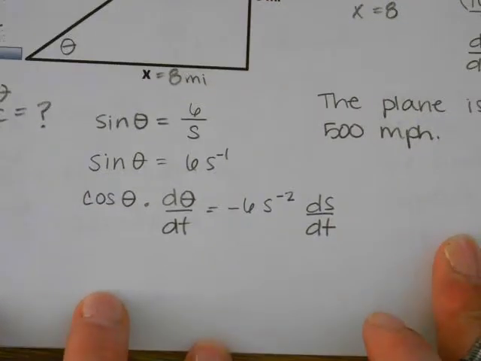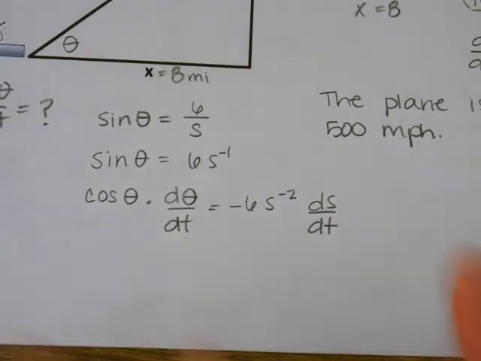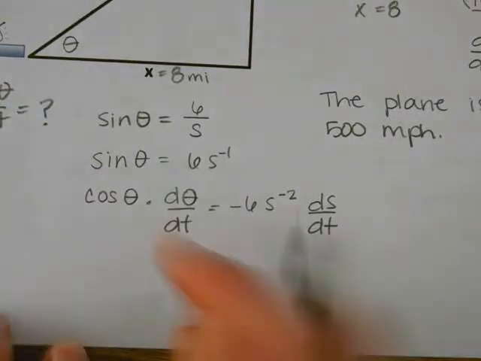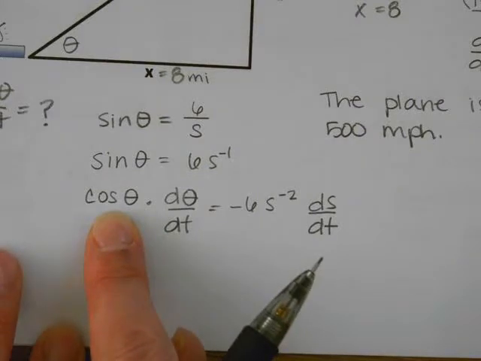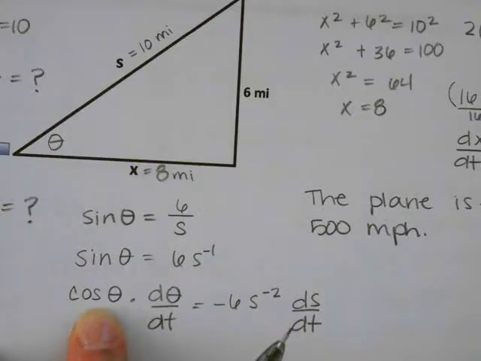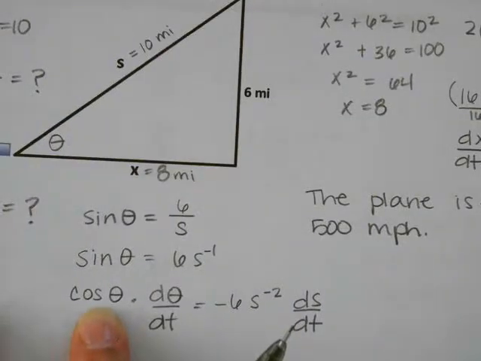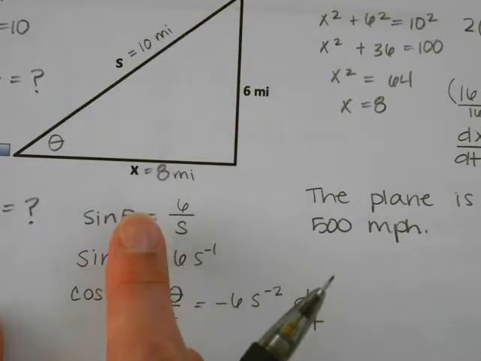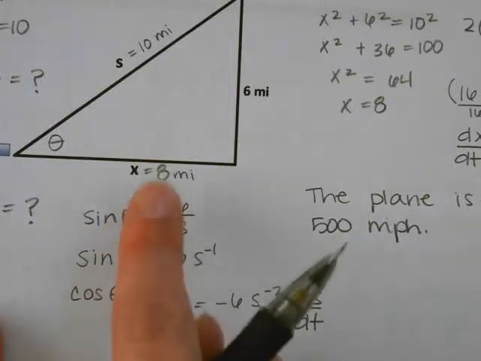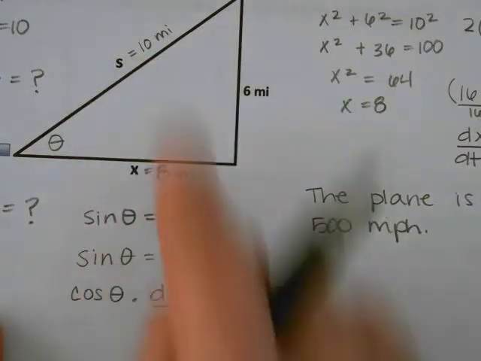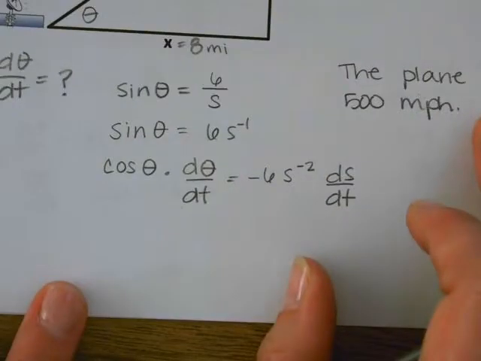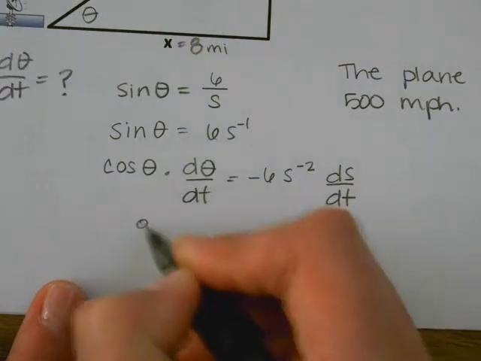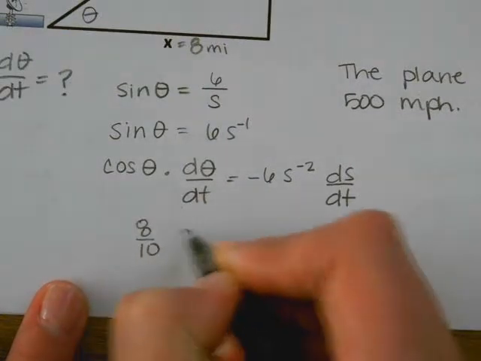Okay. Now, let's go ahead and start plugging our numbers in. So we took the derivative of the whole thing, and now we've got some things to plug in. We do know what cos theta is, right? Because we have that triangle. So what's cos theta? Cos theta would be adjacent over hypotenuse, right? 8 over 10 for this specific instance. Now we can use our specific numbers. So cos theta would be 8 over 10 d theta dt.